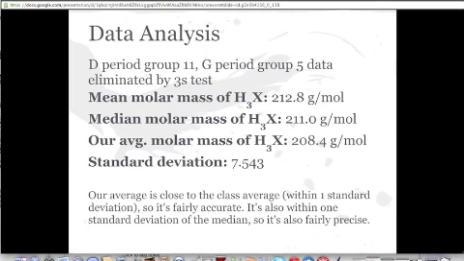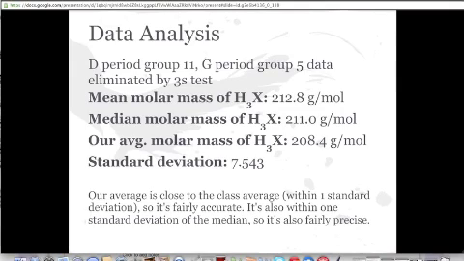Data analysis. By using the 3-step test, we got that D period group 11 and G period group 5 data were eliminated because they were outliers, and the mean molar mass of the unknown substance was 212.8 grams per mole, and the median molar mass of the unknown substance was 211.0 grams per mole.